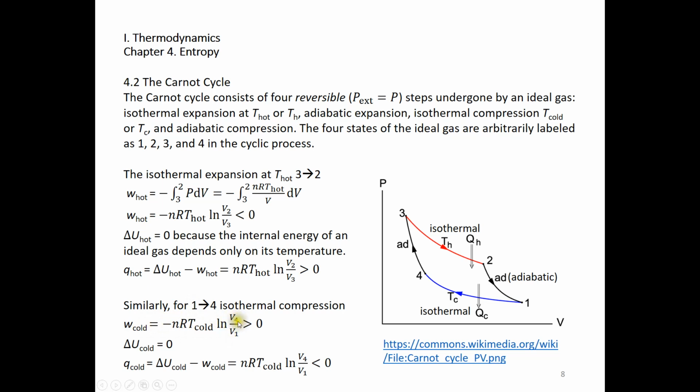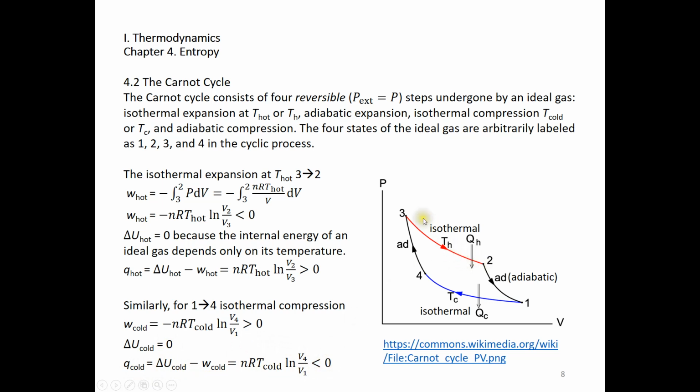Because V4 is less than V1, the logarithm is negative, and we have another negative sign here. This work at T cold is greater than 0. Delta U again is 0 for this ideal gas under constant temperature condition, and Q is delta U minus W. In this case, Q is less than 0.